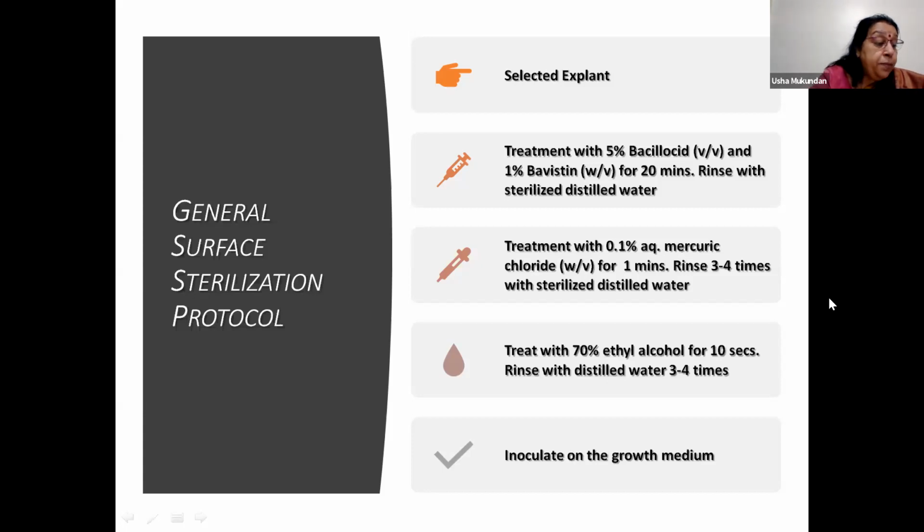Now, ethyl alcohol, why 70%? This is very, very important that you should know. What does ethyl alcohol, or alcohol, do as an antimicrobial agent? Now, what are alcohols? They are colorless hydrocarbons with one or more OH groups. That's the functional group. Now, how does alcohol affect the cell? First, it will dissolve the membrane lipids.